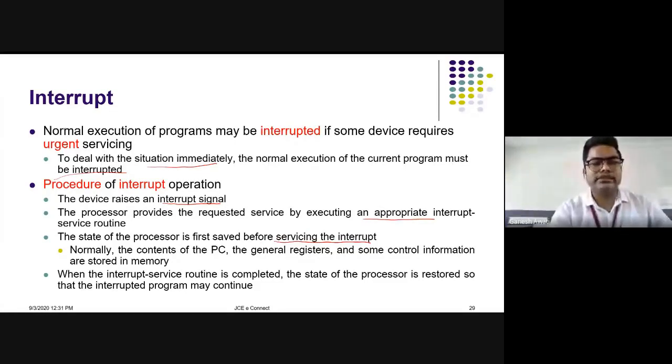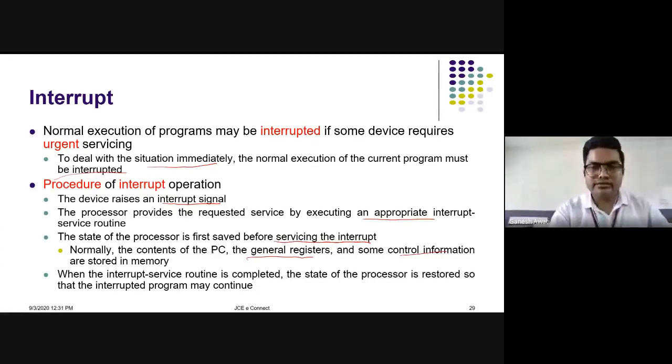Normally the content of the program counter, general registers, and some of the control information is stored into memory. Because the processor needs to know where it was and what it was doing previously. If an interrupt comes, the interrupt service routine performs the task, and first the processor needs to store some information about the previous execution.